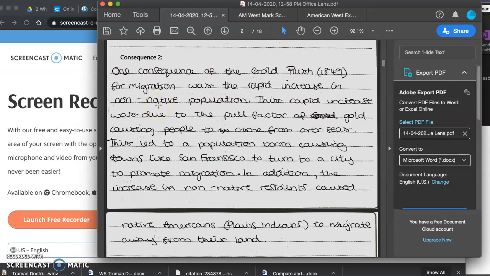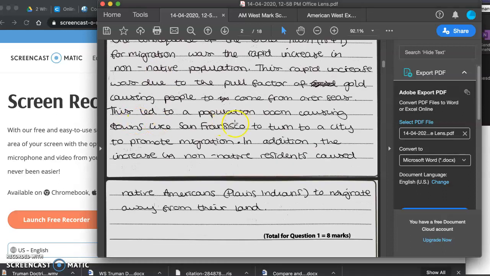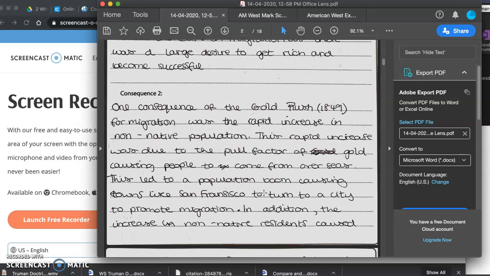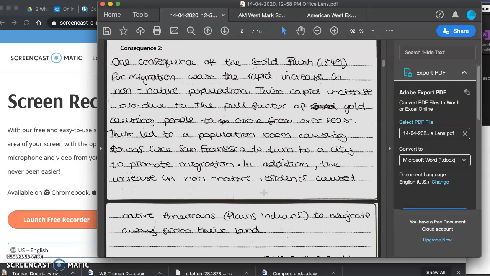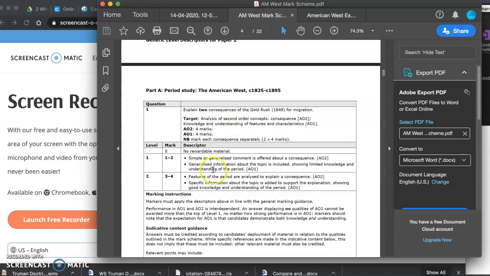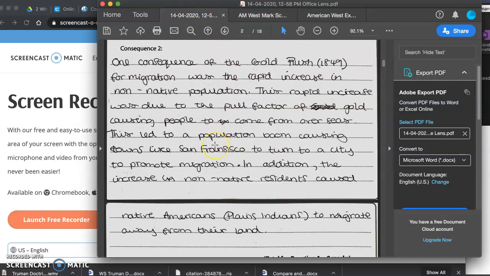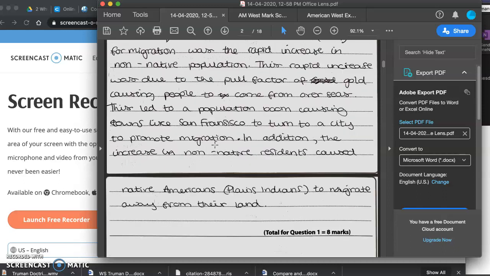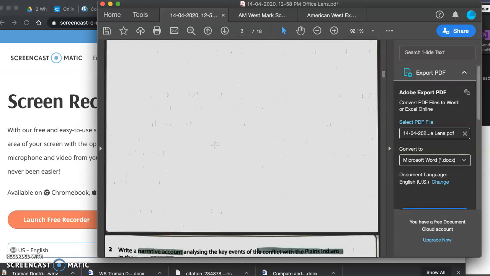The rapid increase in migration, non-native Americans, that makes sense. The boom towns, yeah, migrate away from their land. Okay. I think that's worthy of 4 marks there. So you got a total of 8 marks for that question. Well done.